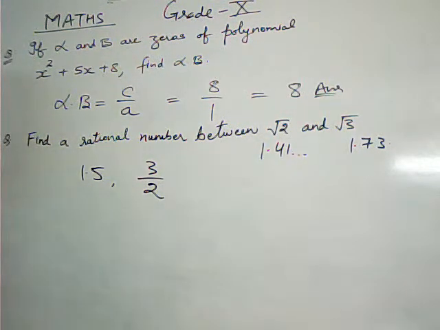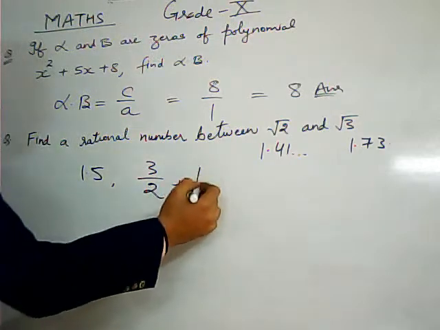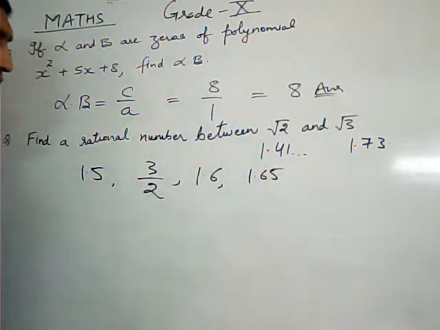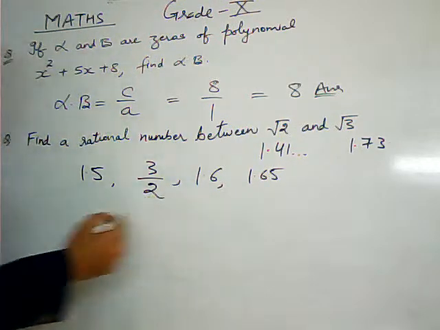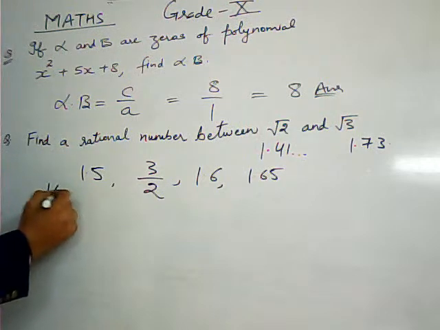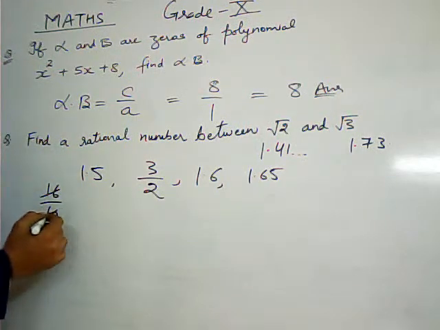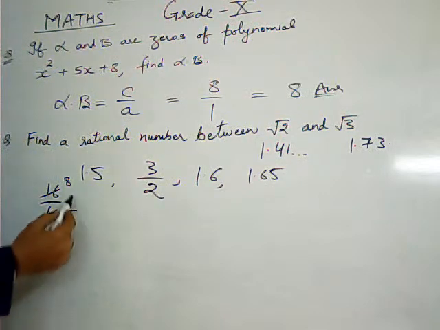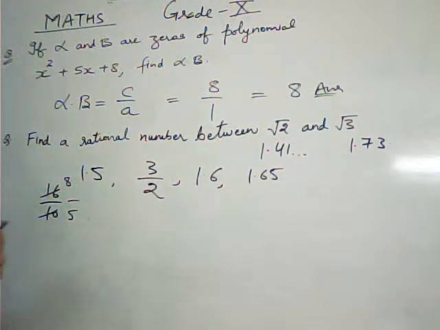We can give any example like 1.6 also, 1.65, that is 16 upon 10. So here we have 8 upon 5, that lies between under root 2 and under root 3.